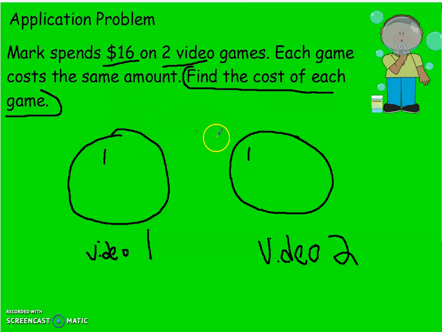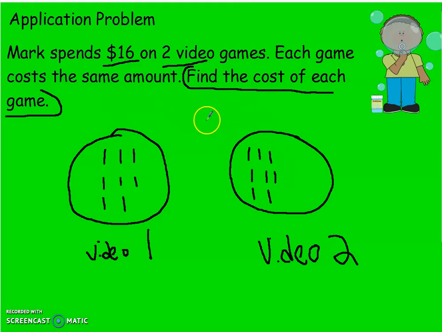So 1, 2, 3, 4, 5, 6, 7, 8, 9, 10, 11, 12, 13, 14, 15, 16. So stop. We hit our 16. And we went evenly into the 2 groups.